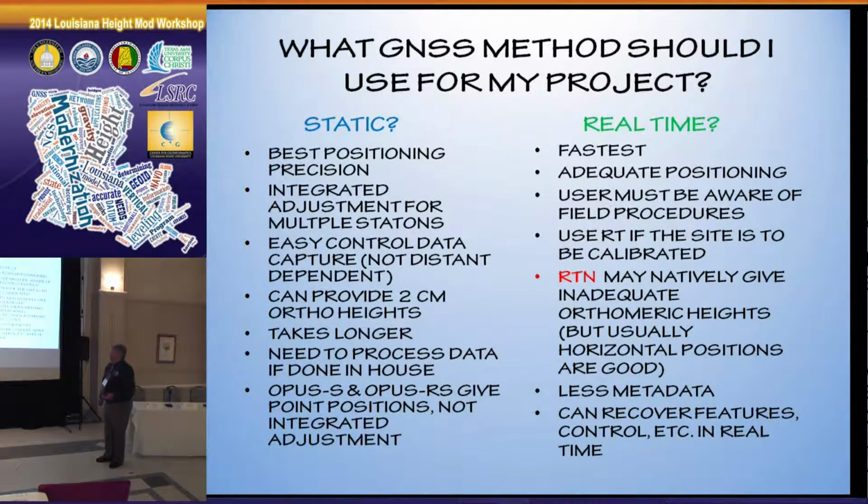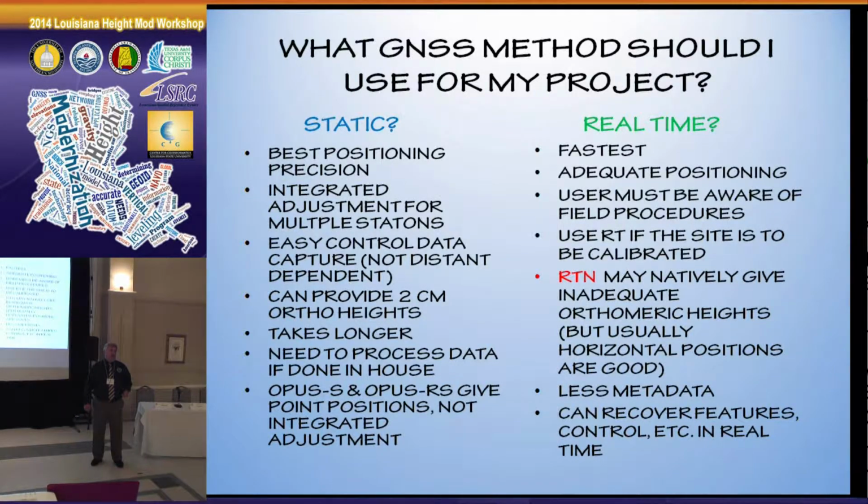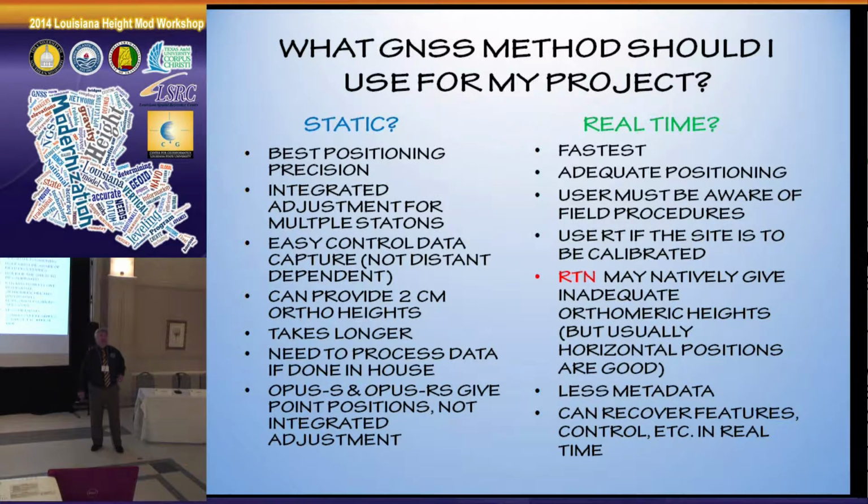One thing we've seen with real-time networks, of course, it's harder to get orthometric heights from a real-time network. Generally on the East Coast, Maryland down to Georgia, up to Maine, along that area, most real-time networks will give you great horizontal positions, but the orthometric heights can be between 1/10.5 to 2/10 inaccurate.